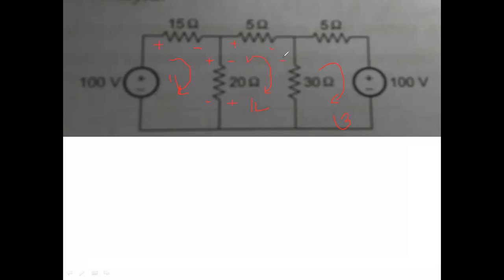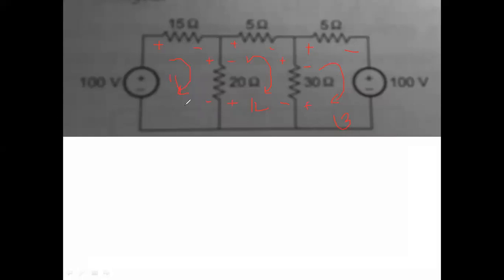This is the plus and this is the minus. Like this we can give the representation of voltage drops across the resistors.